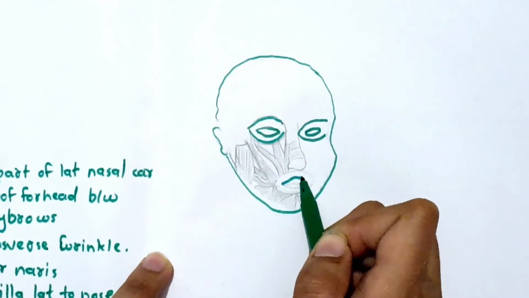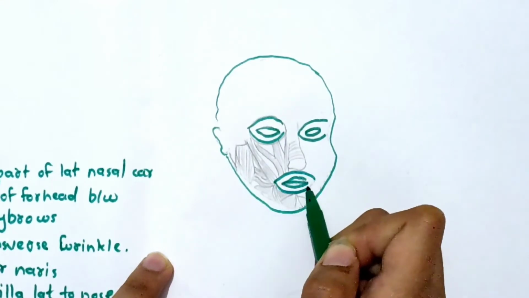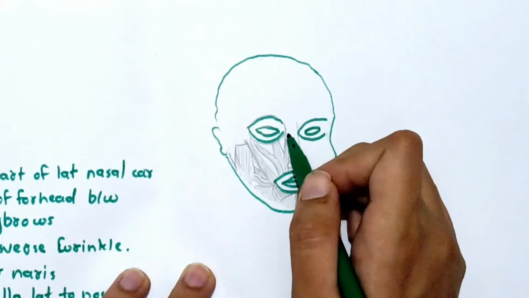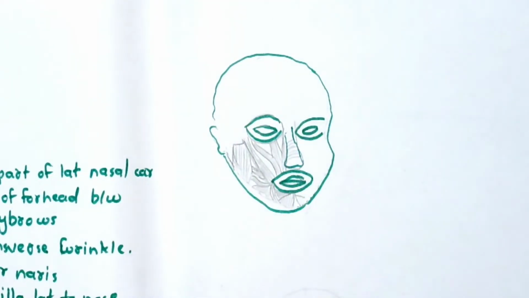This is orbicularis oris. Okay. And this is the nose. Now let's see the muscles.